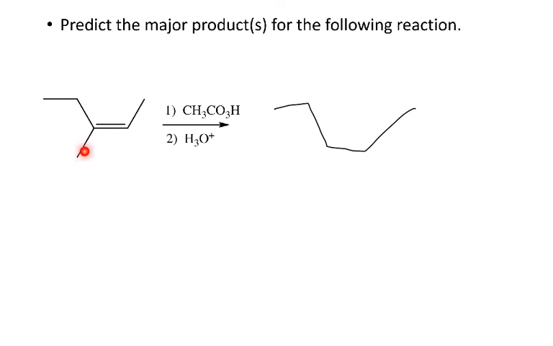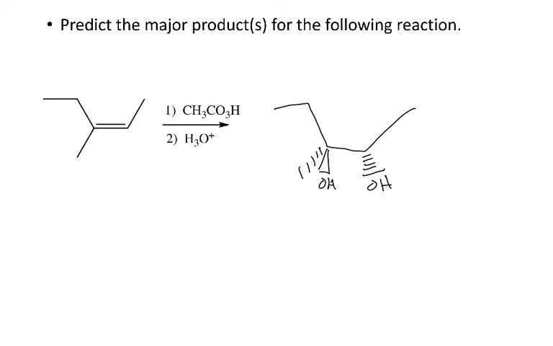So I'll put the methyl on the wedge and the dash, and the hydrogen on the wedge and the dash on this one. So we have anti-addition. If I put my first OH coming from the top, that pushes the methyl down. Because we're using a peroxy acid, I know that this is going to be the anti-addition. So if the first OH comes in on a wedge, then the second OH has to go in on the dash.